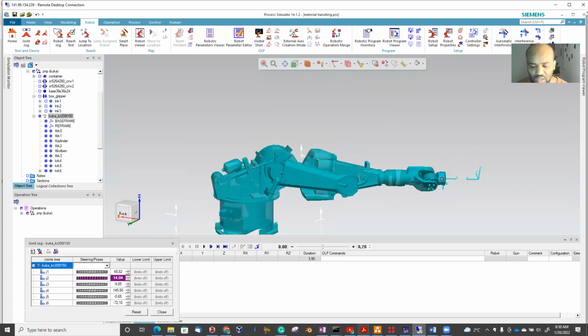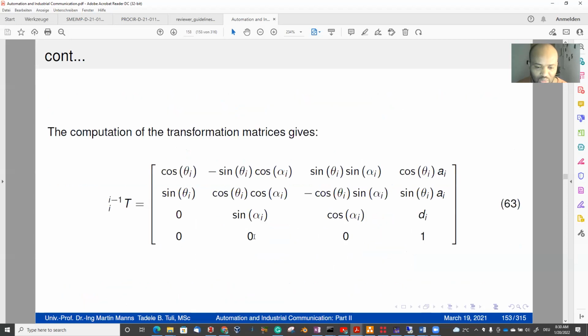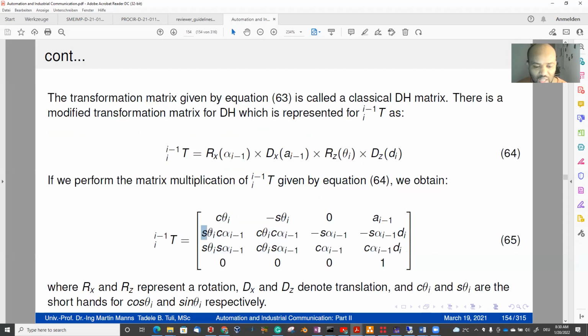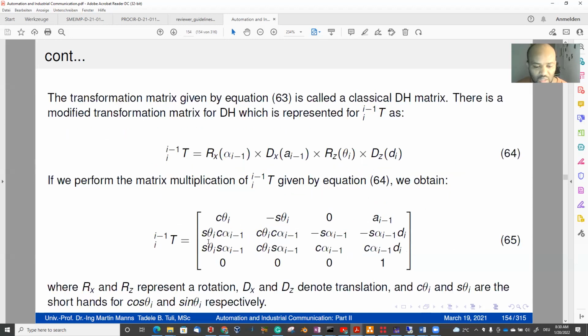So for each of these 6 joints, you will have different values of the homogeneous transformation from I minus 1 to I, because this value is not the same as this. For example, here is sine theta, but here it is sine theta times cos alpha, which is not the same. Here 0, but here it is not 0.